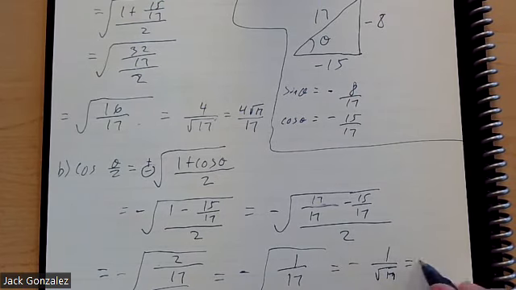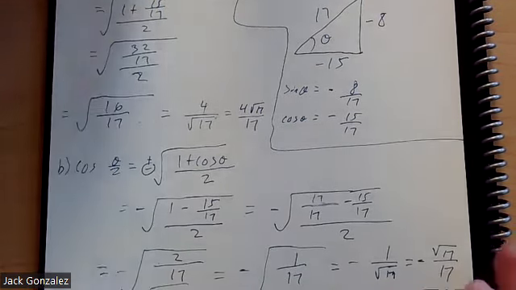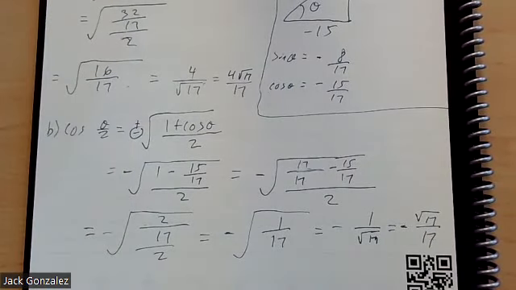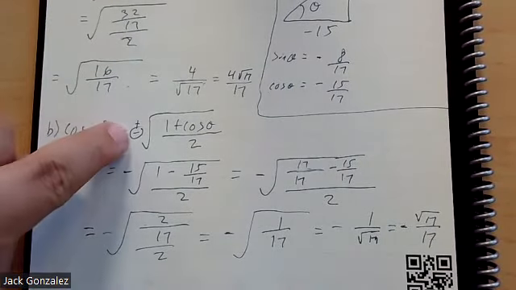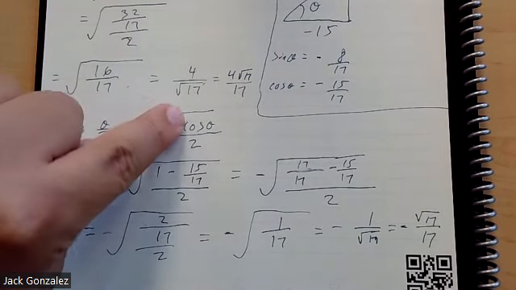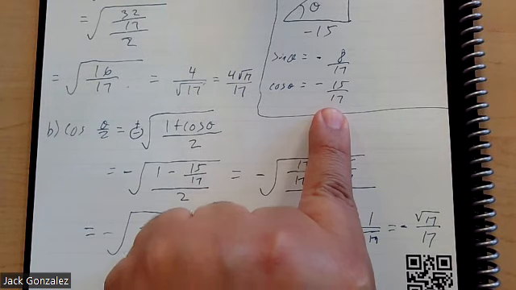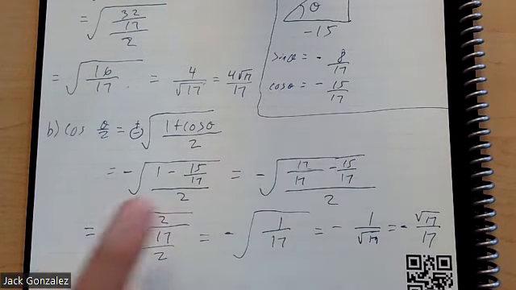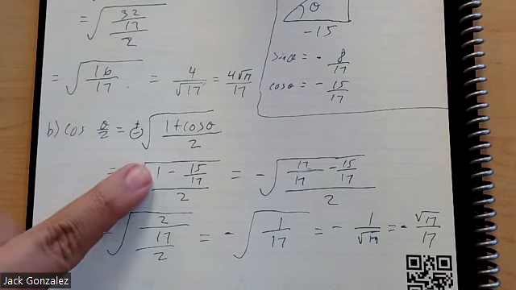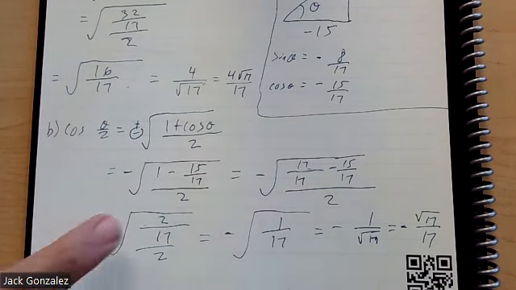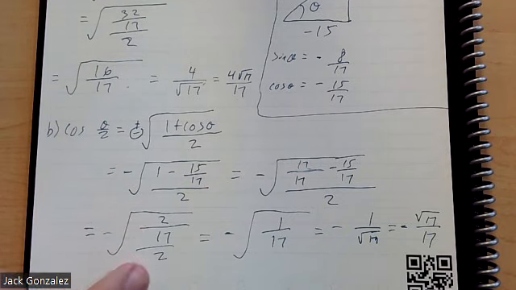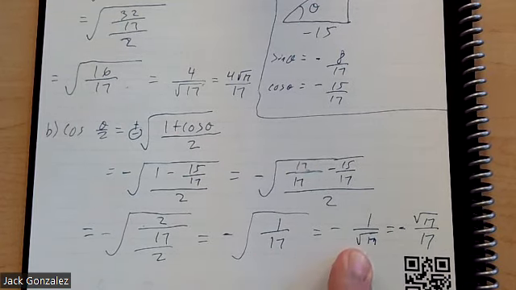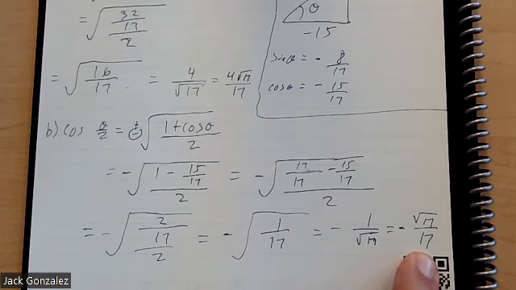All right, so let's go over this. We choose the negative because of the quadrant of theta over 2. Cosine was found to be negative because of the location of theta. Plug in cosine, subtract your numerator, get 2 over 17. Divided by 2, that'll cancel this 2, leaving me with 1 over 17. Square root of 1 is 1. Rationalize and you get to here. So this is the pretty answer.